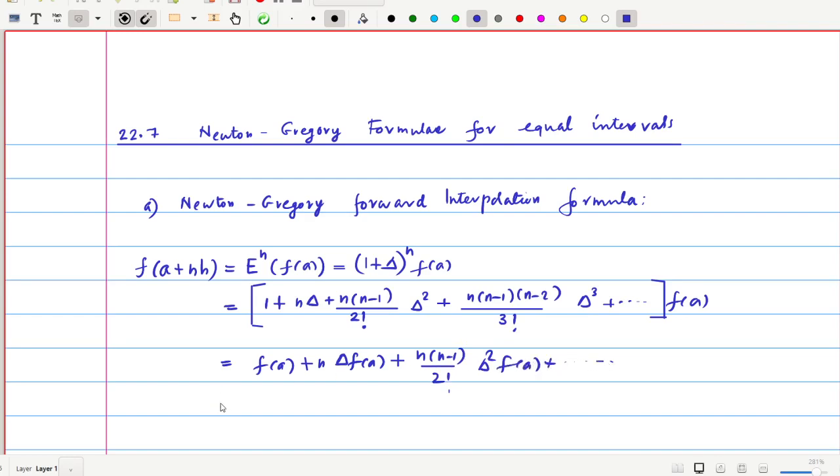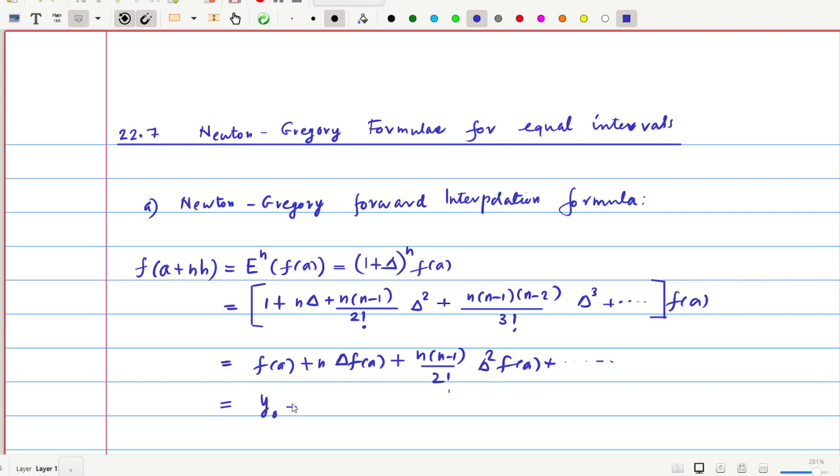We denote this f of a plus n h in terms of delta, and usually we denote f of a as y naught, so instead of writing f of a, we write y naught.